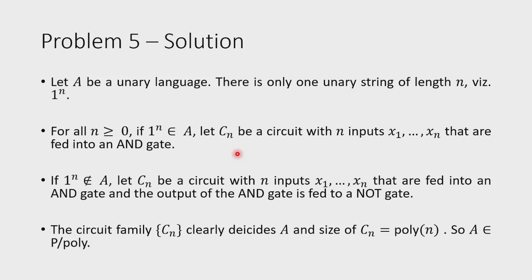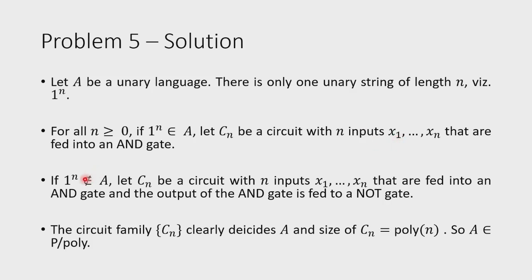One very simple such circuit is just take the AND of all the input bits. So whenever 1 to the n is in A, this simple circuit that takes the AND of all the inputs works. Now I agree, there can be other circuits as well that work, but this is a very simple circuit that does work, so we will go with this.